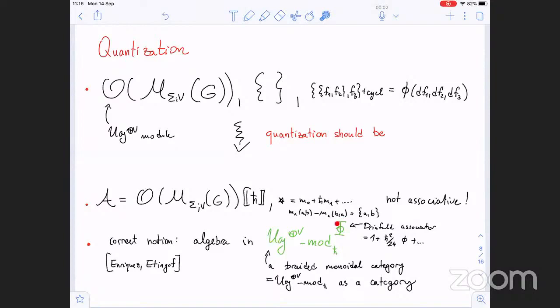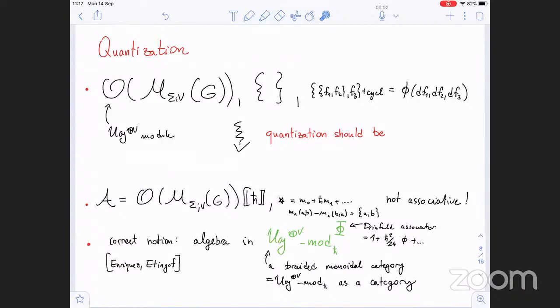But what you do is change the associativity constraint of your category. This associativity constraint comes into the equation for the associativity, and this element which changes the associativity is called the Drinfeld associator. It exactly contains this phi. Then you get that the first order commutator of an associative multiplication in this category is a quasi-Poisson bracket.